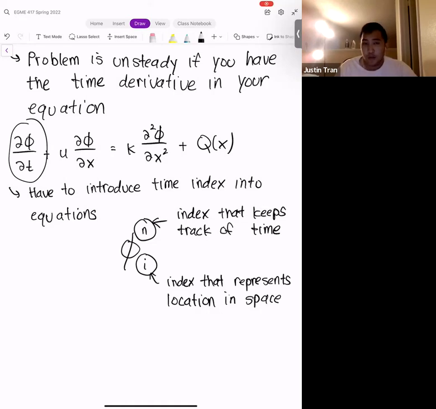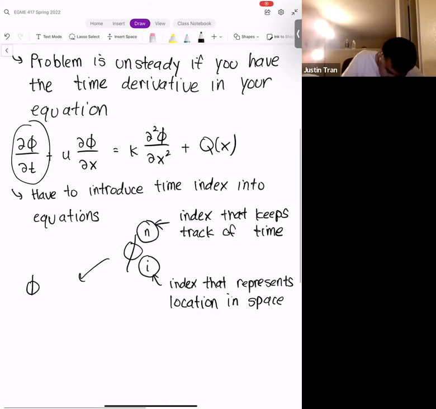These are the two things that we have to keep track of. All of this reflects the fact that our phi, our solution, is no longer just a function of space, but a function of time as well. So phi is a function of x, our spatial variable, and t, our time variable.